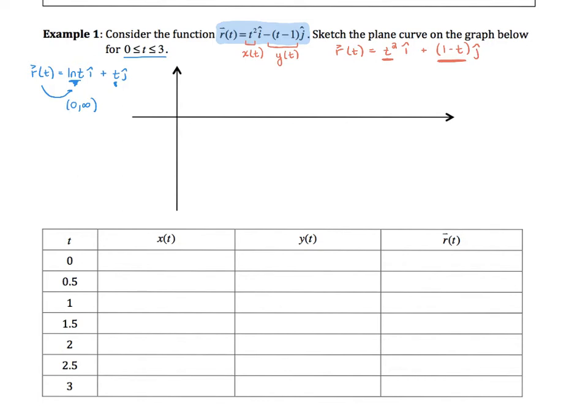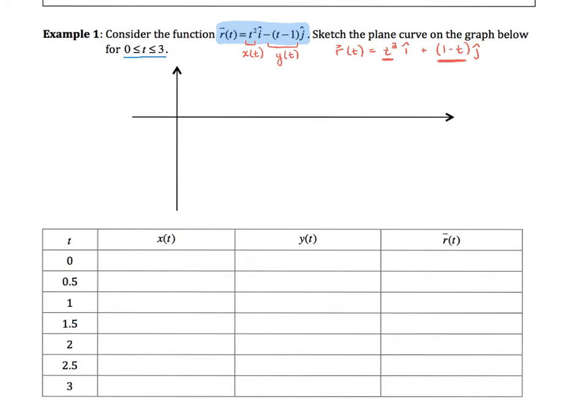Okay, so let's just get this out of the way right here. All right, and so basically, since our domain has been specified for us, we only need to consider values of t between 0 and 3. Honestly, I put the half increments in here. Now that I'm looking at it, I might just do the integer values for t, but you are welcome to do the ones in between if you feel so inclined.